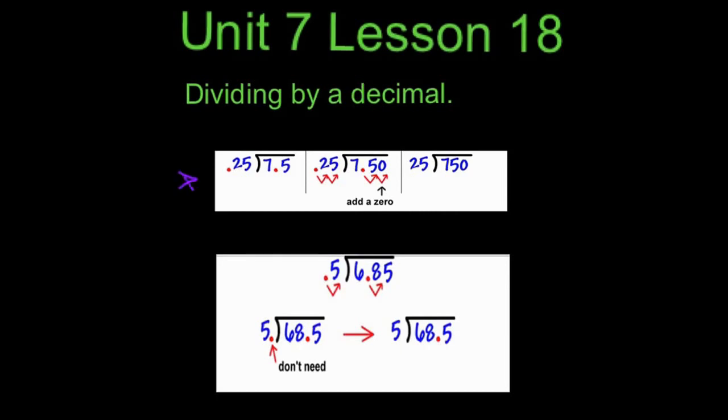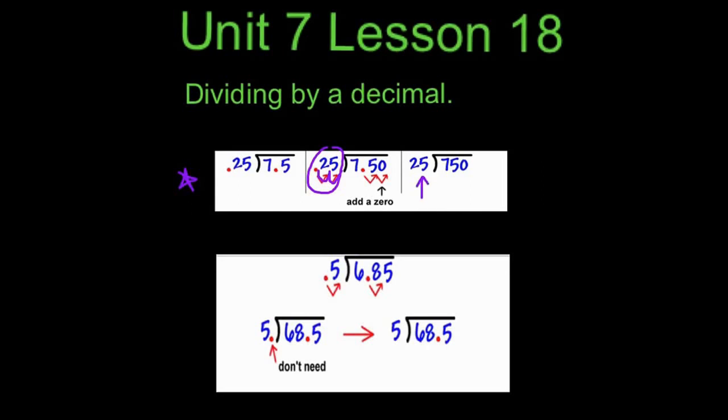If we take a look here at this first example, I have 7 and 5 tenths divided by 25 hundredths. Essentially, all you have to do is first move the decimal in the divisor. So you'll see here that they did that right away by moving the decimal so that we're creating a whole number 25. So they went 2 hops over so that we now have the whole number 25.